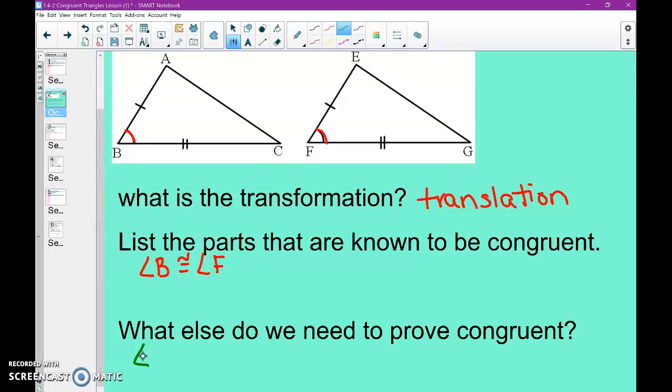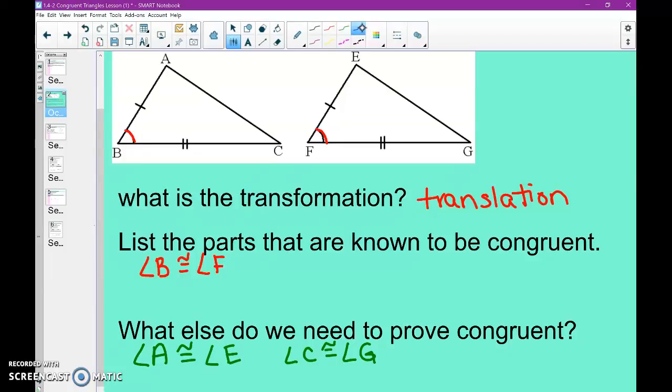So what else do we need to prove? We would have to prove that angle A is congruent to angle E, and that angle C is congruent to angle G. Again, you don't know that yet. You can't just assume and say, well, it looks like it's the same. You have to actually prove it using real facts or the picture and what they give you.